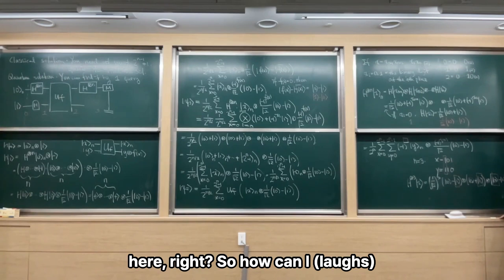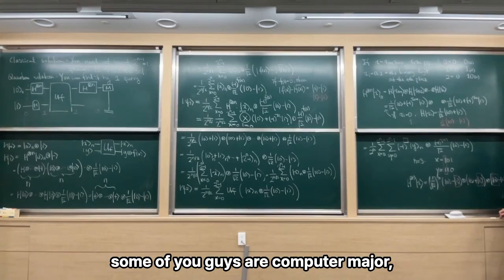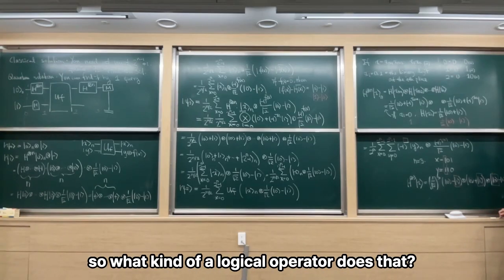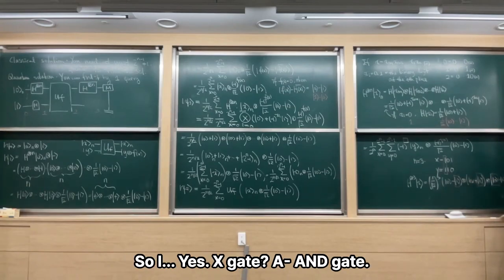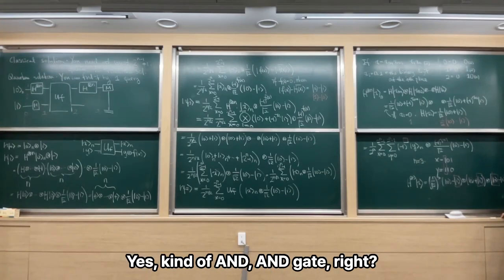So how can I express that? Some of you guys are computer majors. What kind of a logical operator does that? Yes, AND gate, kind of an AND gate, right?